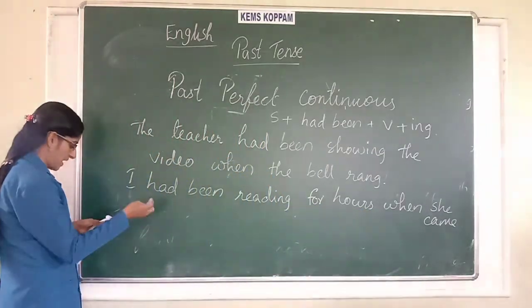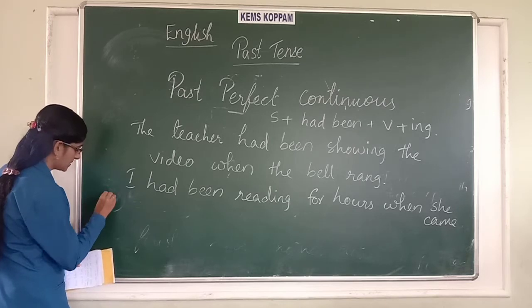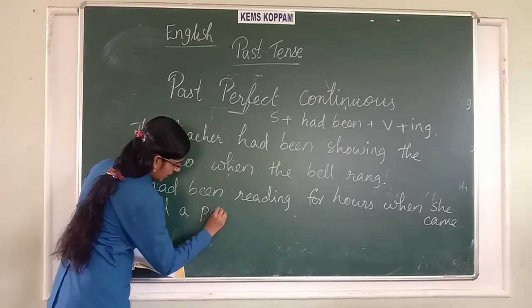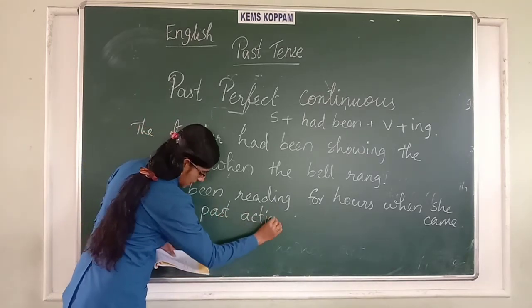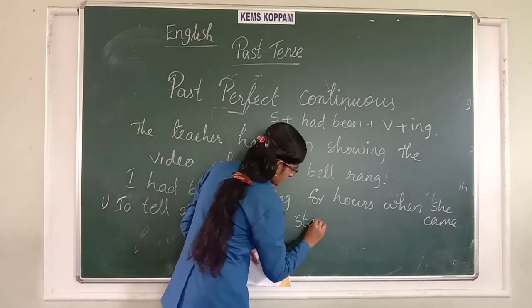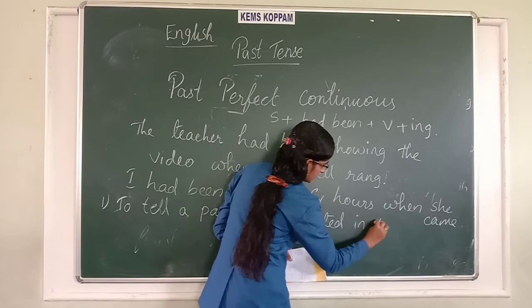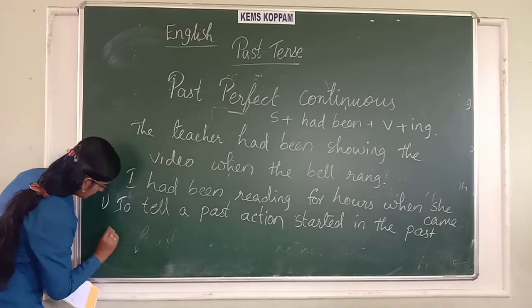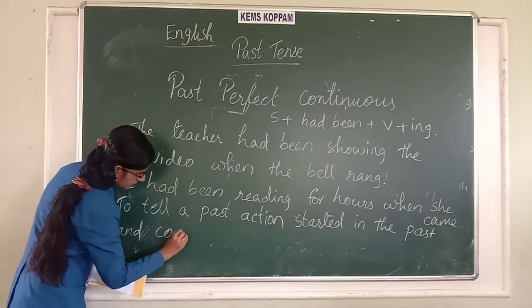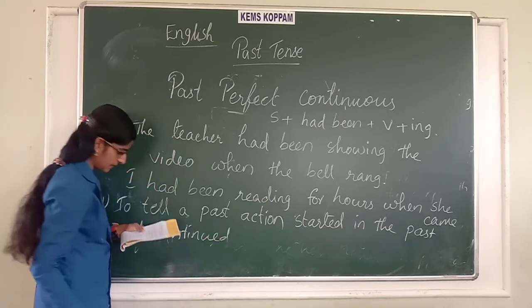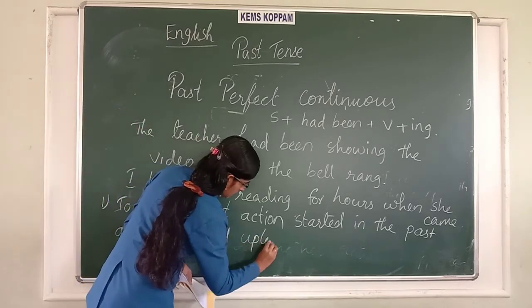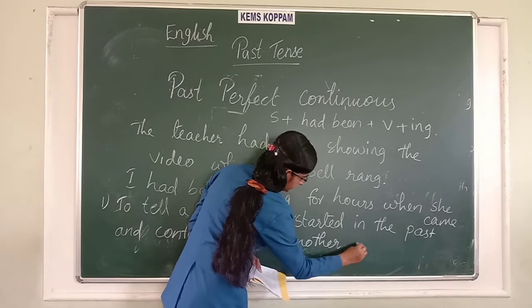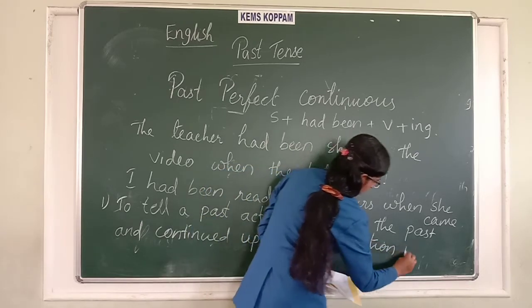Clear? So past perfect continuous is used to tell a past action that started in the past and continued up to another action in the past.